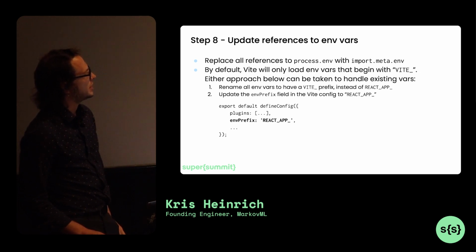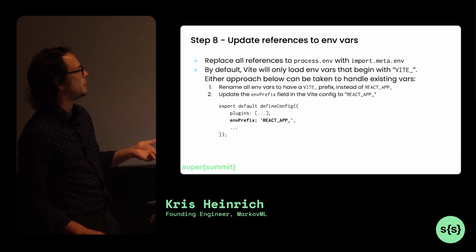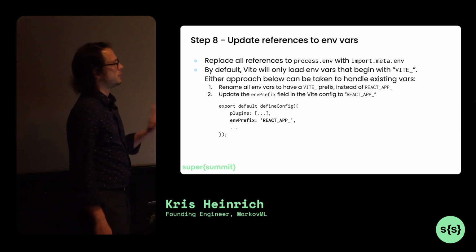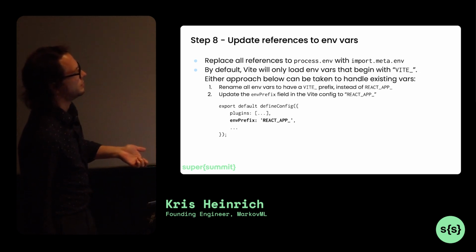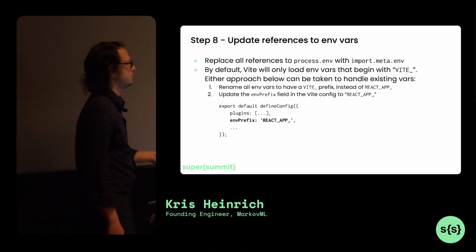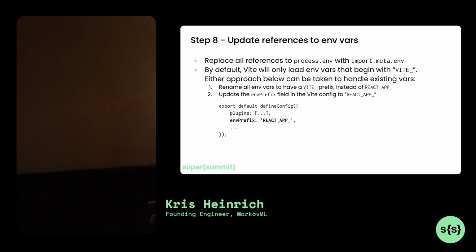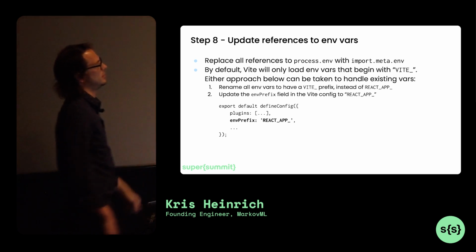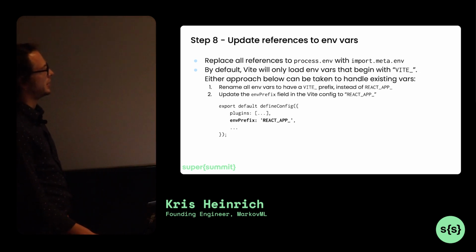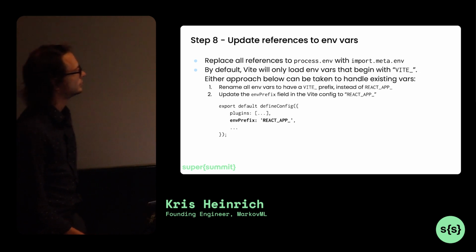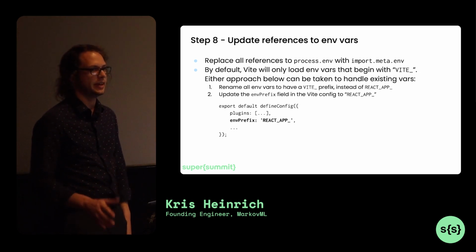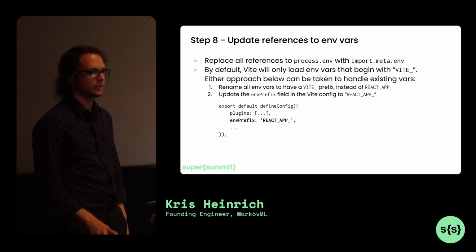The approach that I think is a little bit nicer is you can just update a field in the Vite config to specify what prefix you want instead of VITE_. Just by adding this, you can reuse any existing REACT_APP-based environment variables that you already have. Did that answer your question, Pish? Yeah. Cool.